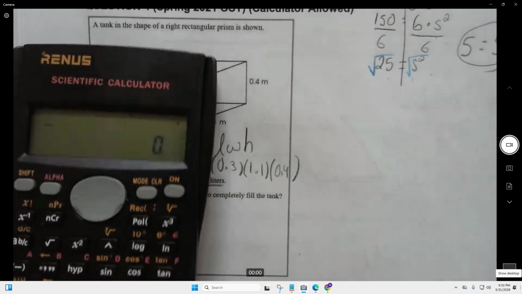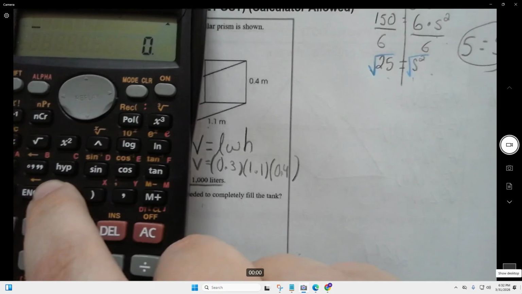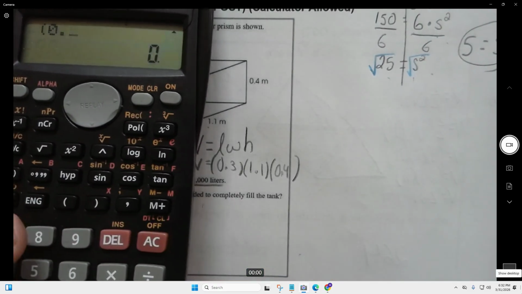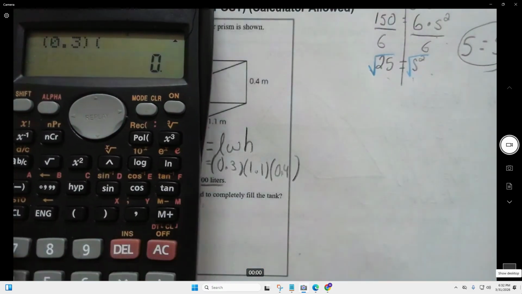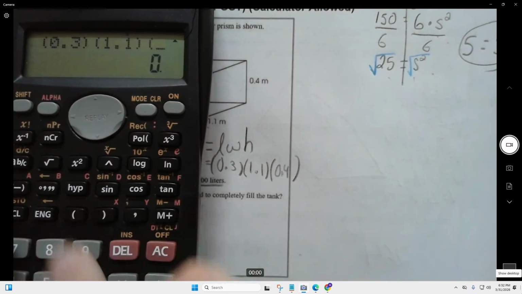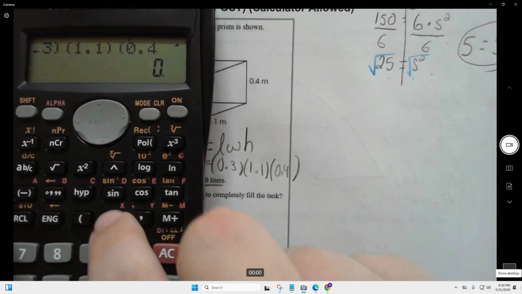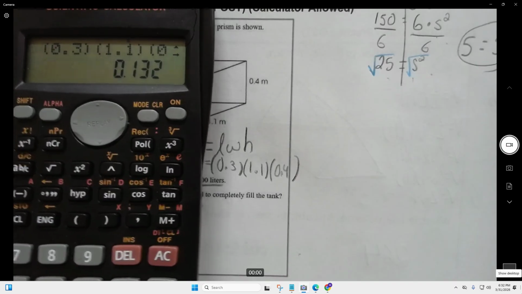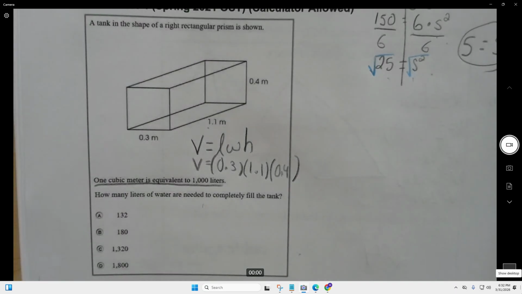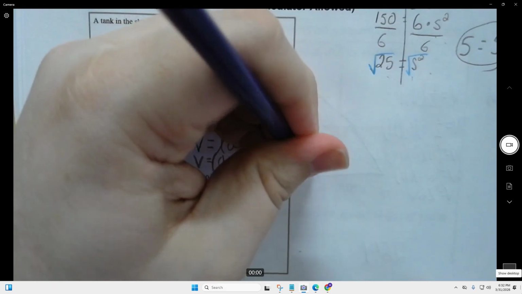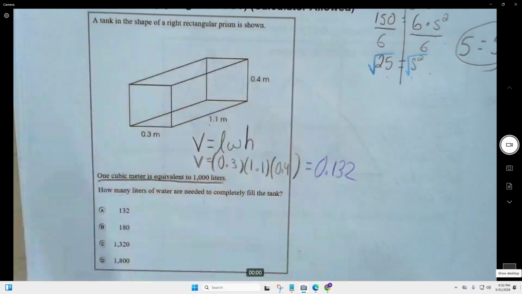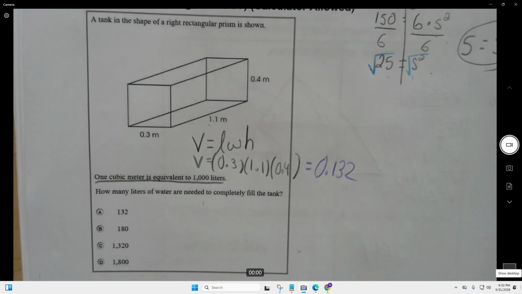So we go into our calculator, because calculators are allowed for this question. 0.3 times 1.1 times 0.4 equals 0.132. And you look at this and you say, uh-oh, that's not one of the answers.